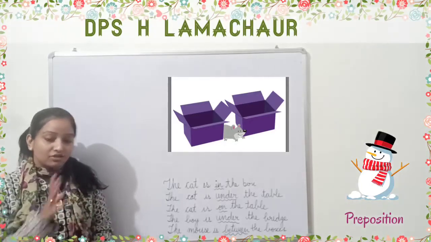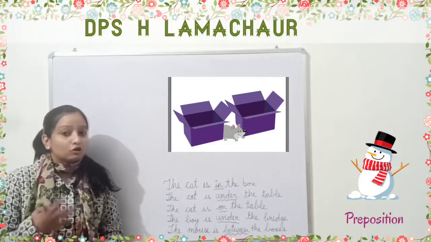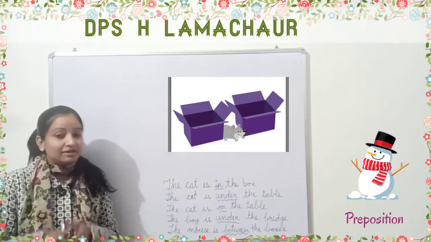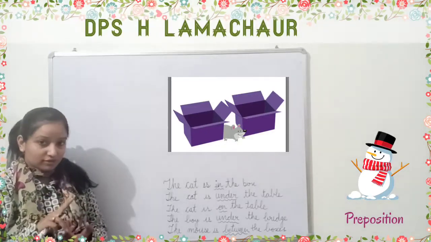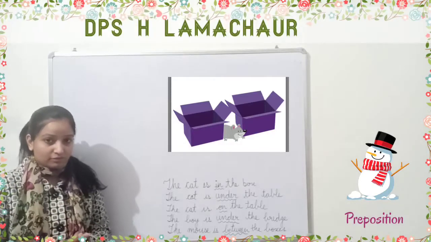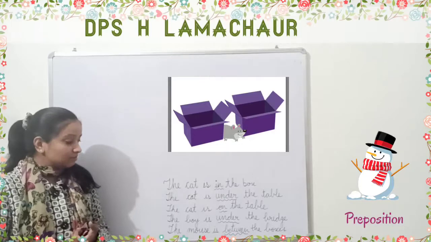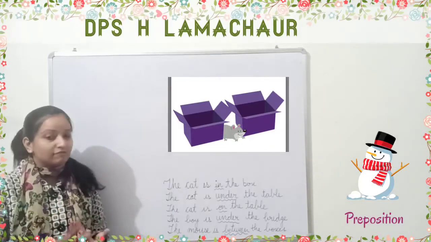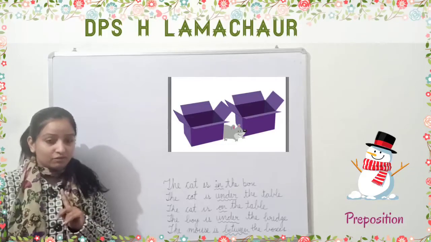So in such cases we use between when we talk about two things which are clearly different from each other. So here we have two boxes. One thing is box, and the other thing is mouse. We have mouse and we have box. So there are two things which are clearly different from each other.